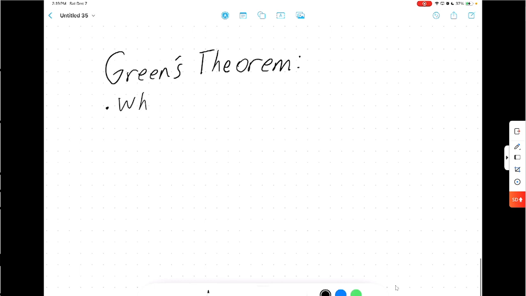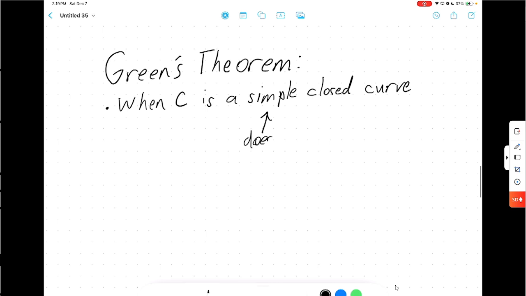Okay, so first I'm just going to start with Green's theorem. Green's theorem is for when C, which is the curve, is a simple closed curve. Simple here meaning it does not cross itself.